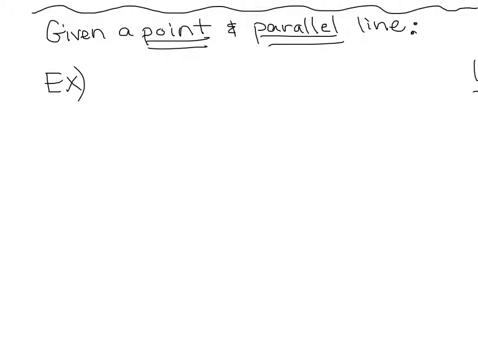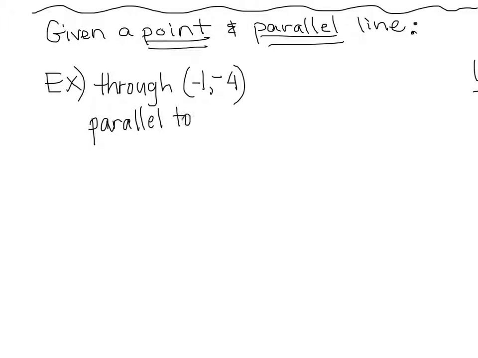If I told you that our line goes through the point negative 1, negative 4, okay, and then you need slope information, right? But all I tell you is that it is parallel to y equals 7x minus 1.